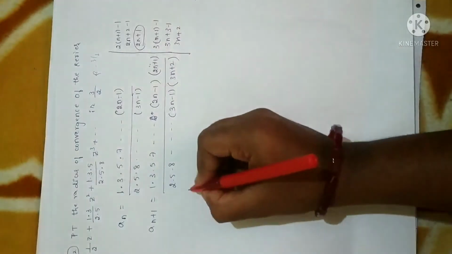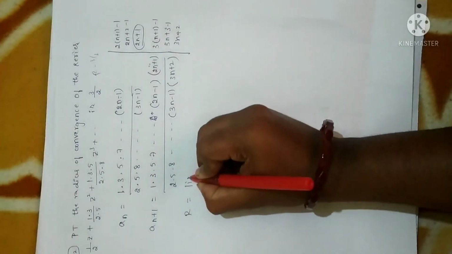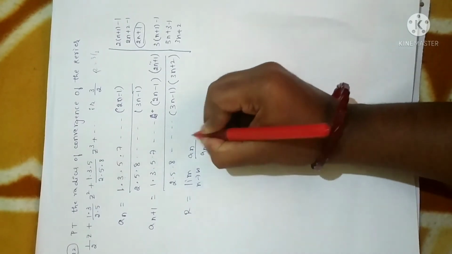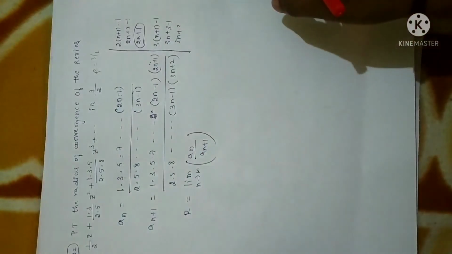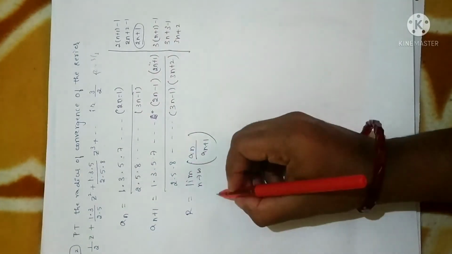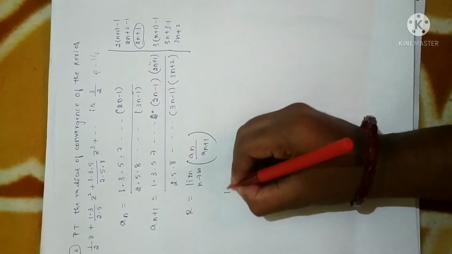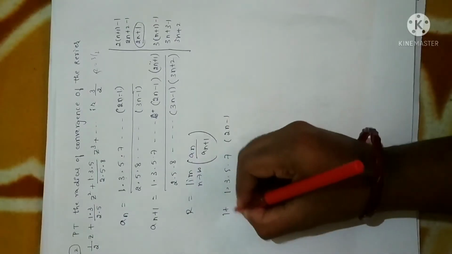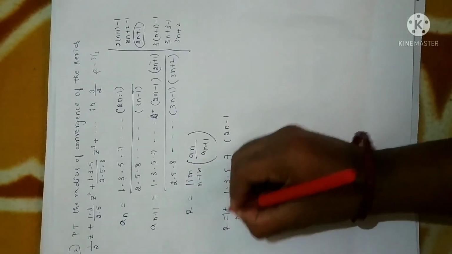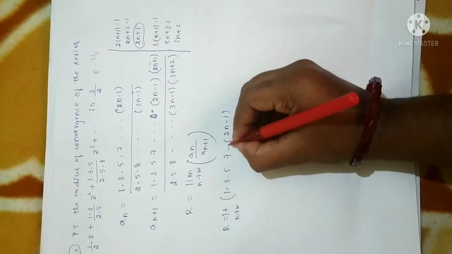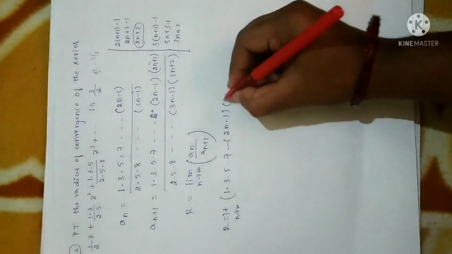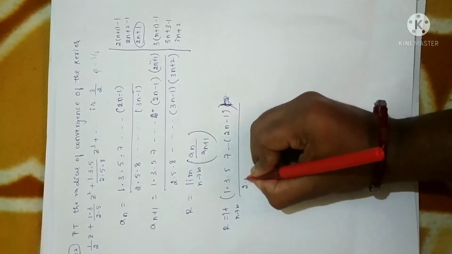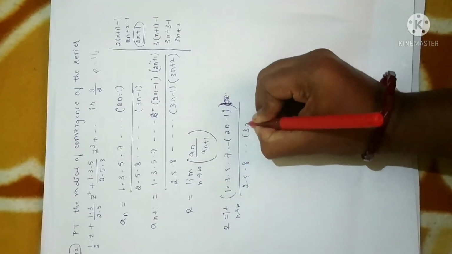Fine. Now let me write down the formula. R is equal to the limit as n tends to infinity of a_n by a_(n+1). Here also, if you want, you can write one more step. In this problem I'll write the steps. See here, a_n is 1, 3, 5, 7, up to 2n minus 1, divided by 2, 5, 8, up to 3n minus 1.